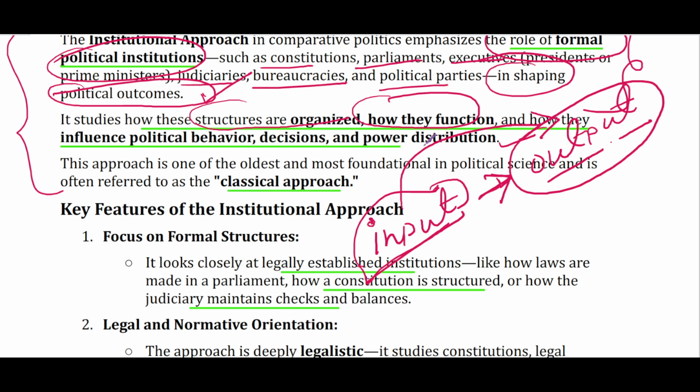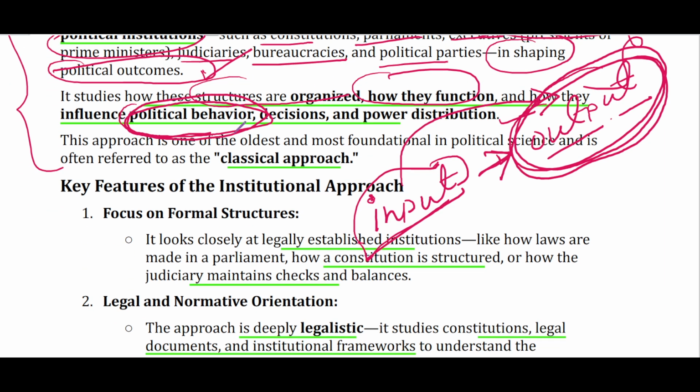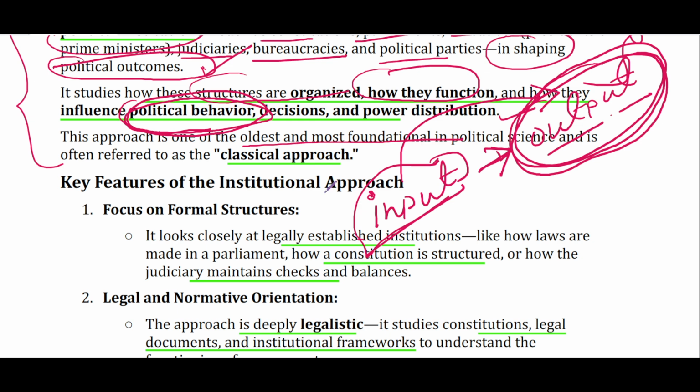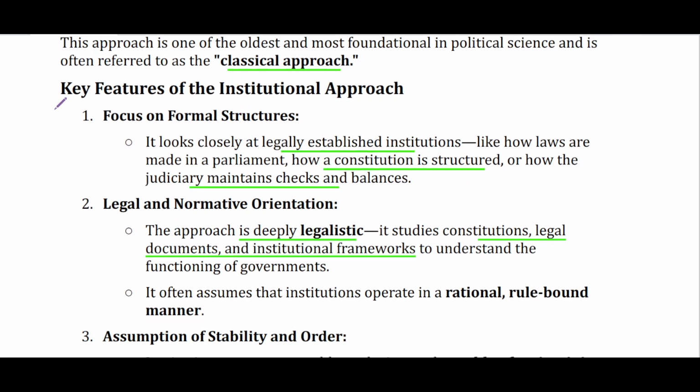So यहाँ भी the input here is the formal institution, formal political institutions are studied, and then the output, how the countries are functioning, how those institutions are functioning, and how those institutions are shaping the political landscape at country level. Now, this approach is one of the oldest and most fundamental, and that's why it is known as the classical approach. Now, let's have a look at the key features of the institutional approach.